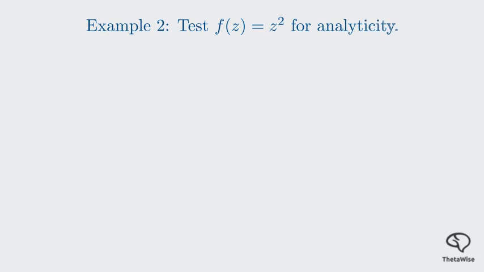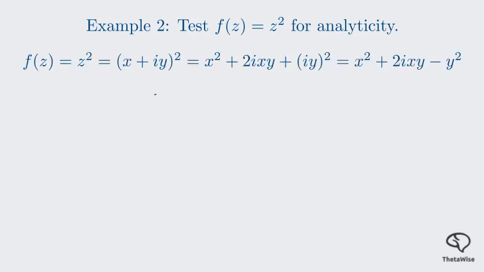For our second example, let's test a function that is analytic. f of z equals z squared. Our intuition should tell us this one is differentiable. First, we need to split this into its real and imaginary parts, u and v. This requires a little bit of algebra. We expand z squared.